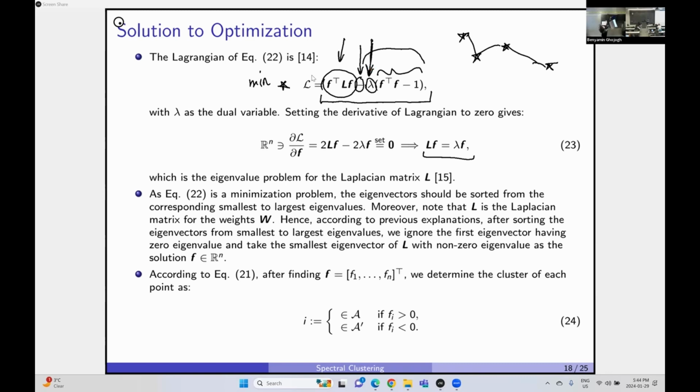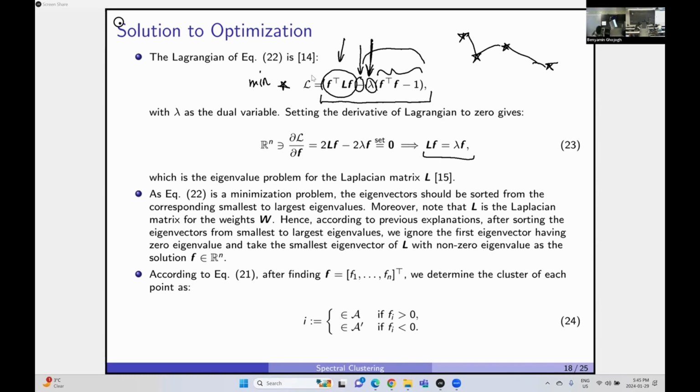But for the Lagrangian function, this parameter lambda has two names: dual variable or Lagrange multiplier. Names are not important, but you will see them in the literature. You can call it Benjamin, but for the sake of the literature, you should know that lambda is called Lagrange multiplier or dual variable.